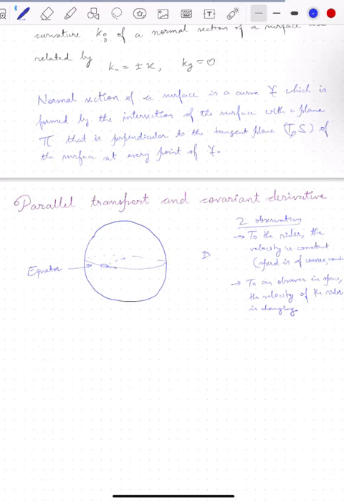So the issue is that for a rider traveling along the equator, the person is only able to see the tangential component of the acceleration, so to speak, that's how it seems to him.